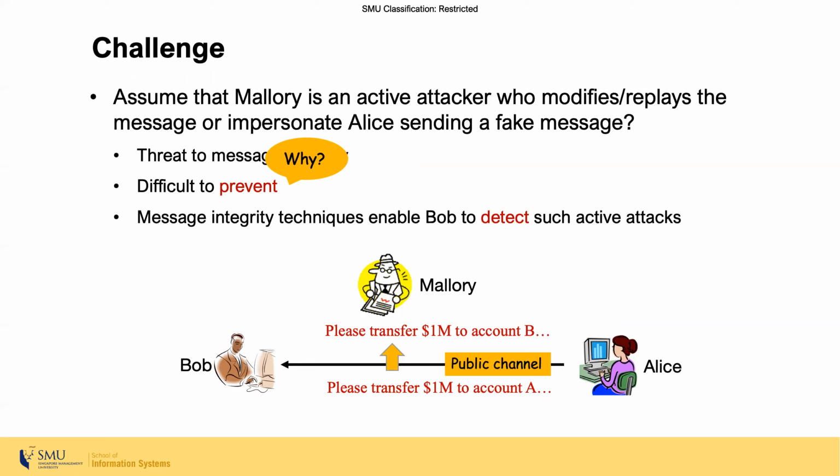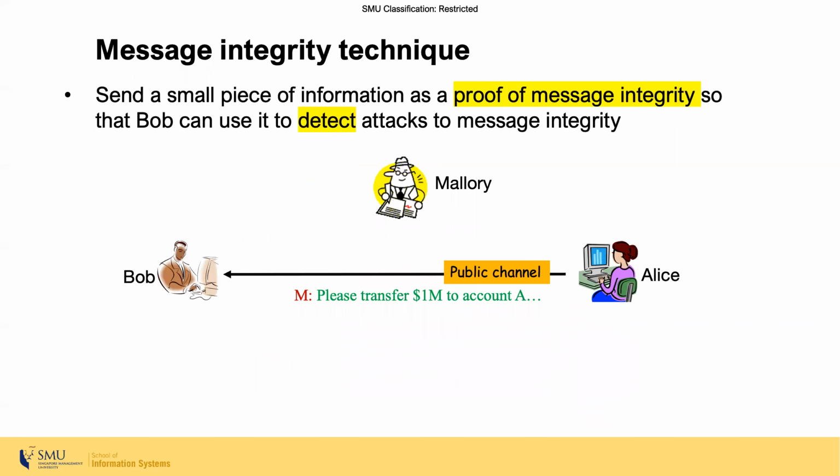Message integrity techniques can be used to detect such an attack. In this slide, I will give you the concept behind message integrity before diving into the actual techniques used to detect it. Here we go.